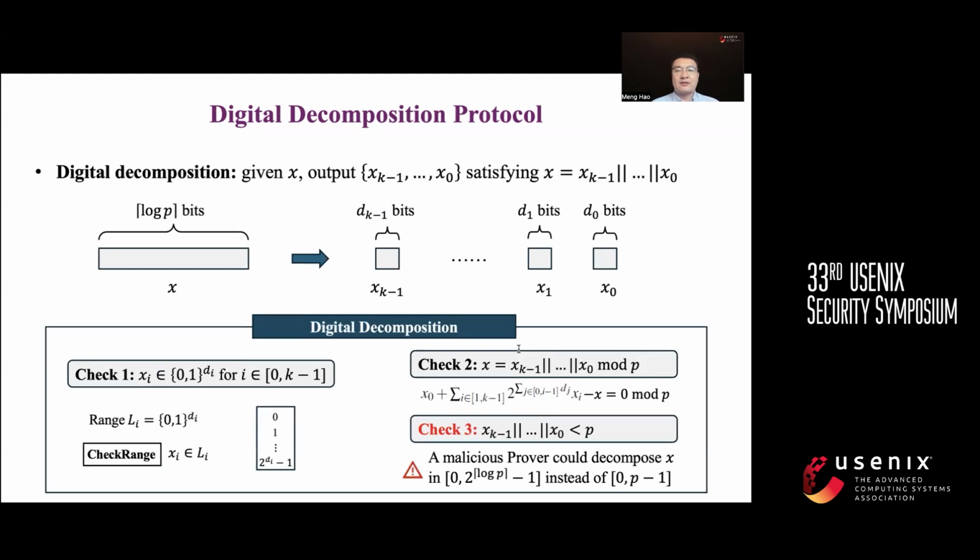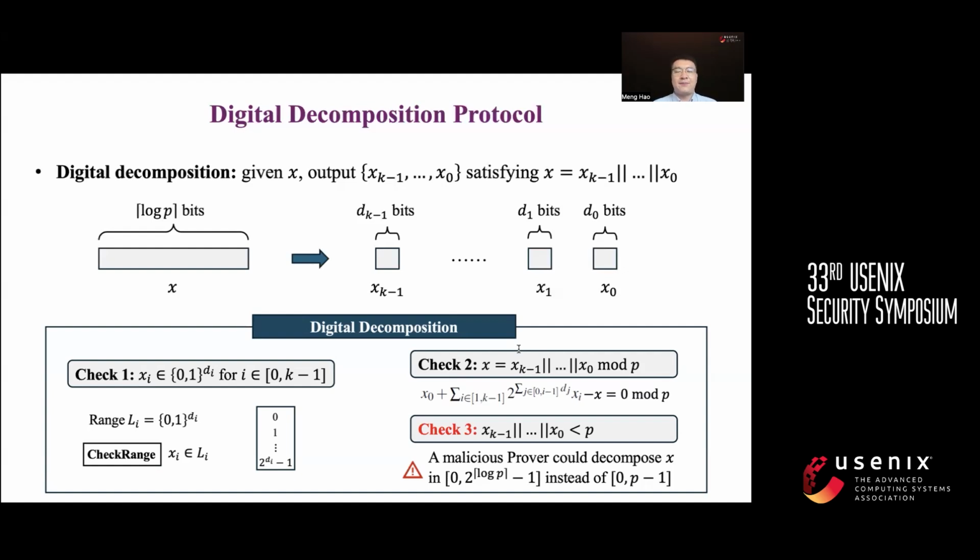To ensure correctness, we need 3 checks. The first is to invoke check range to ensure each digit belongs to a given range. The second is to check these digits can be composed to reconstruct the original x. Importantly, it needs an additional check to ensure that the composed value is smaller than the modulus p.